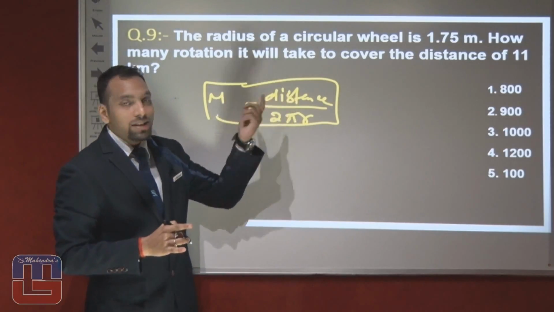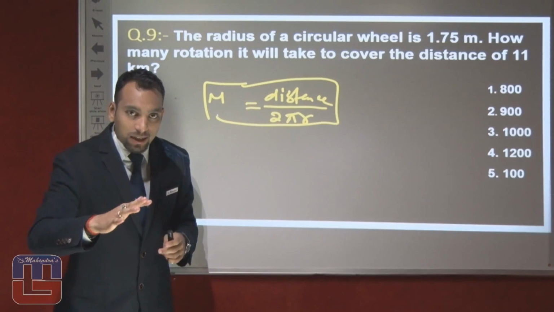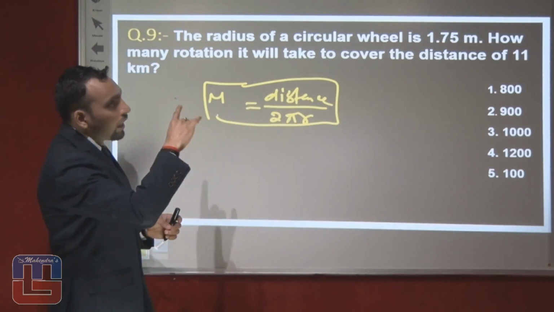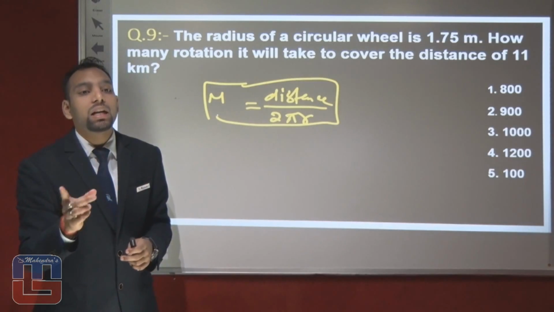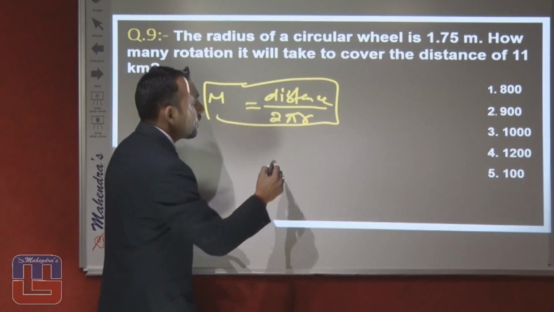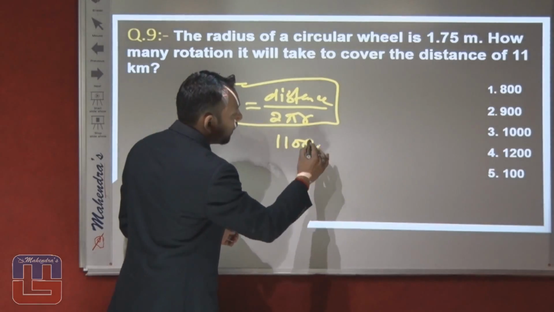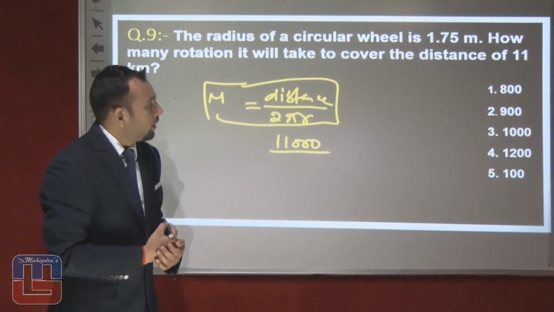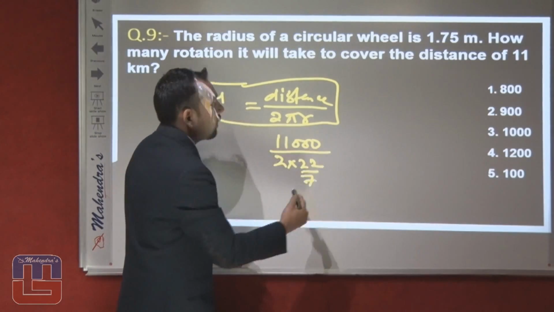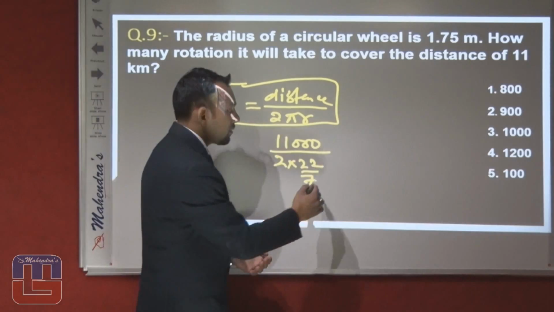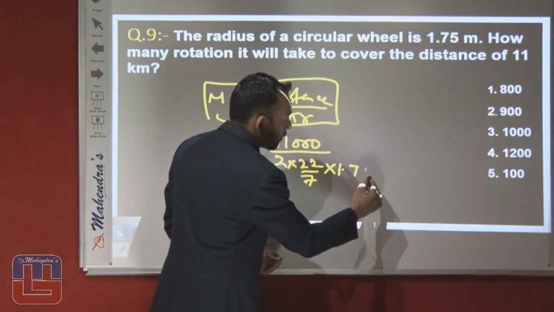Now see, the distance is 11 kilometers, but the radius is in meters, so we will convert this kilometer into meters. Here we will get 11,000. 2 as it is, the value of pi is 22/7 and the value of r is 1.75.